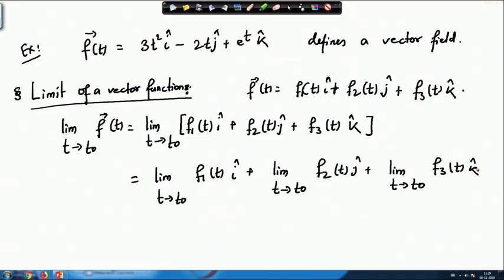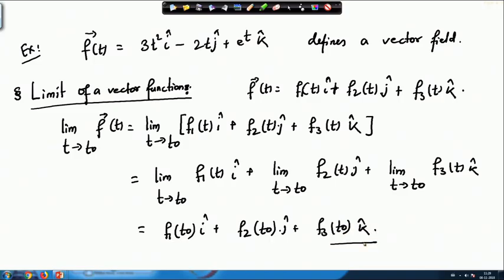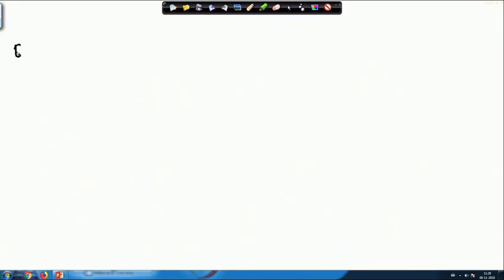We pass the limit on individual components. So, suppose after making t go to t0, f1(t) becomes f1 at t0 times i, f2 at t0 times j, and f3 at t0 times k. This is how we define the limits on individual components. We can look into an example.